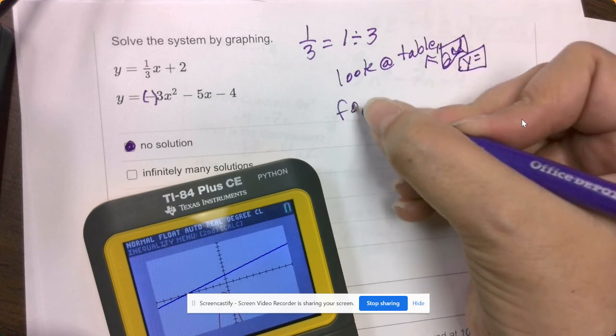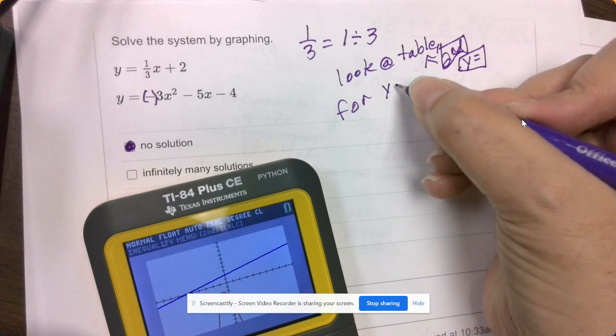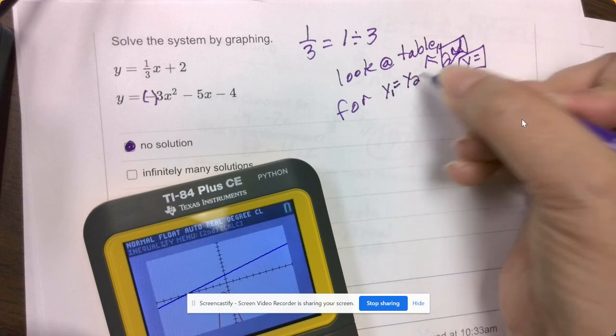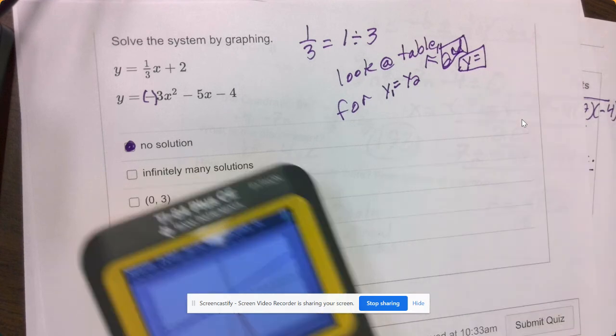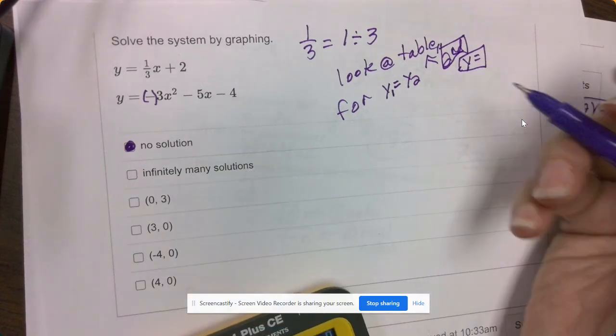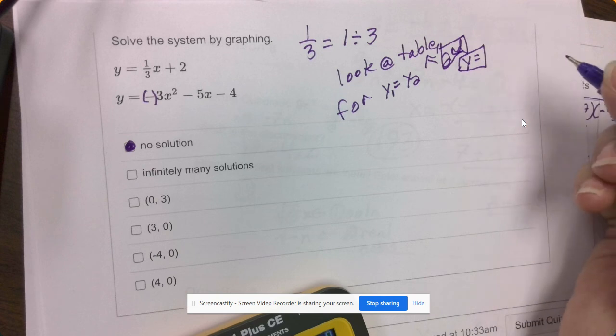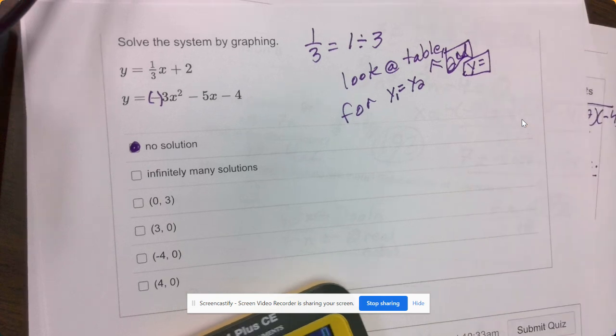And you want to look at where y1 is equal to y2. Okay. That will give you your solutions. Okay, you got this, everybody.